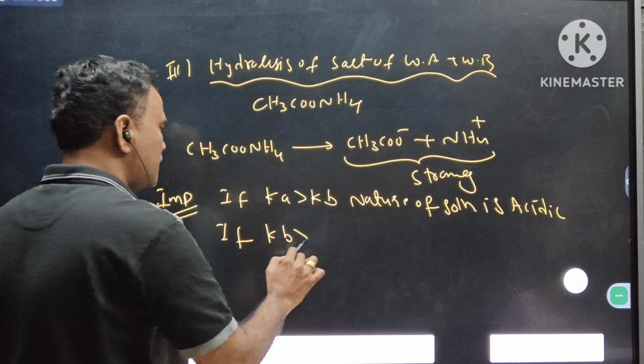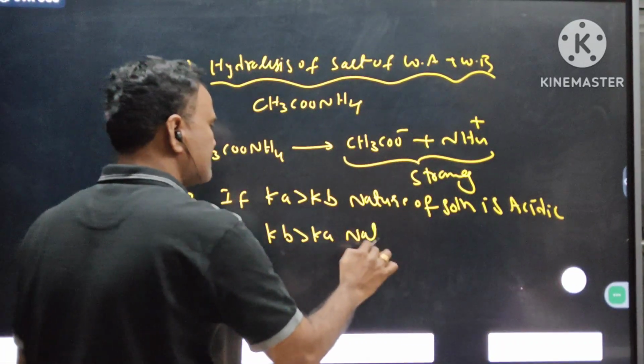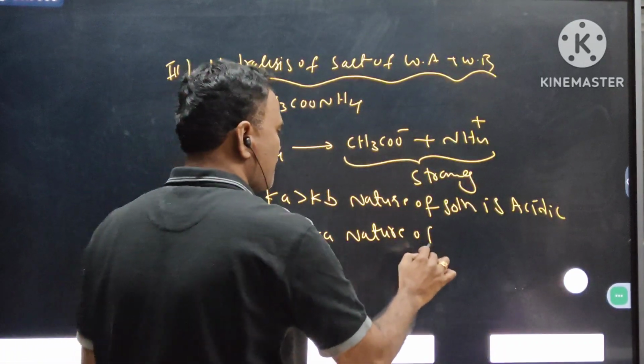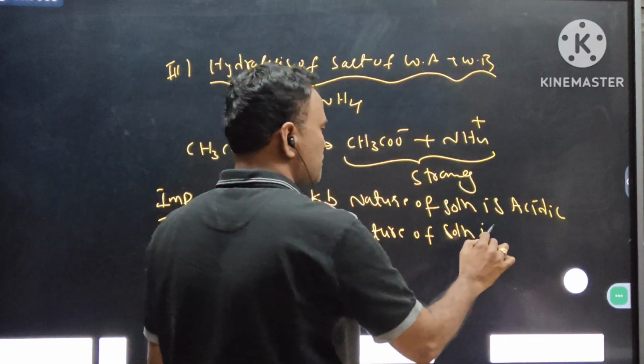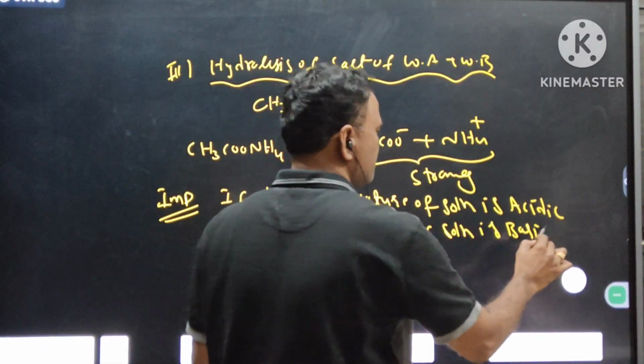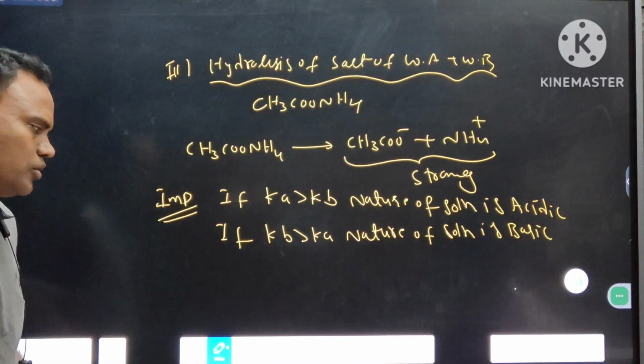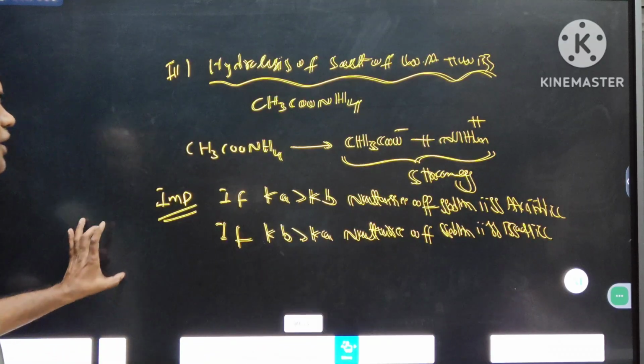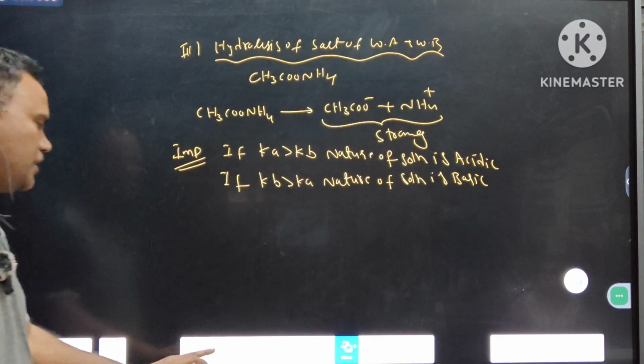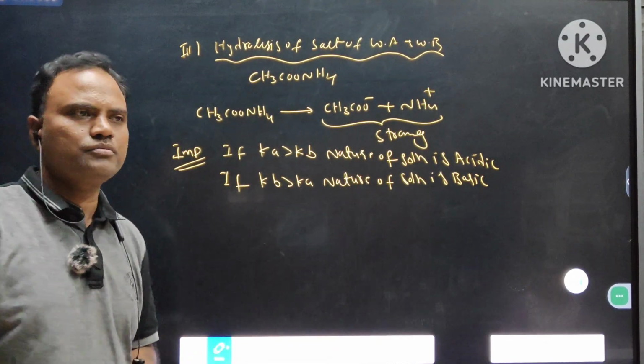If Kb is greater than Ka, the nature of the solution is basic. Based on Ka, Kb data, we will predict the nature of the solution.